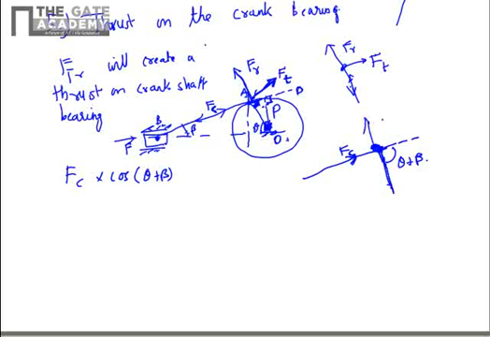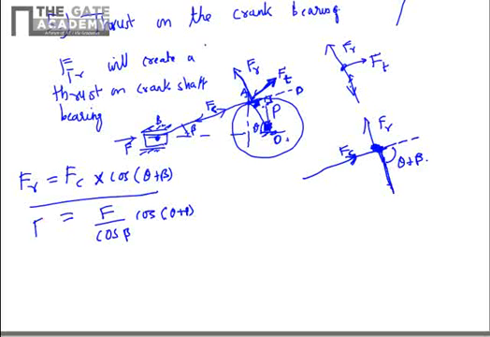So this will be equal to Fr, the force along the crank. So Fr is equal to Fc cos(theta plus beta). We know the value for Fc, that is F, the piston driving force, divided by cos beta, and here the quantity is cos(theta plus beta). So Fr, the radial force along the crank, or the thrust on the crankshaft bearing, is equal to F divided by cos beta multiplied by cos(theta plus beta).